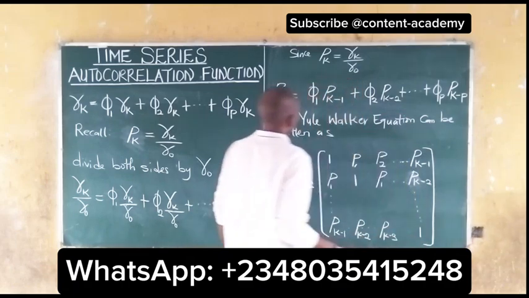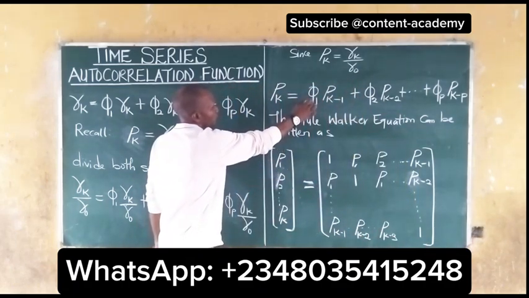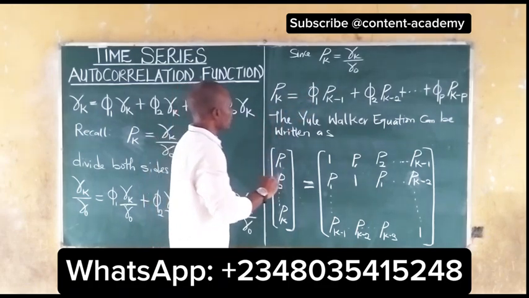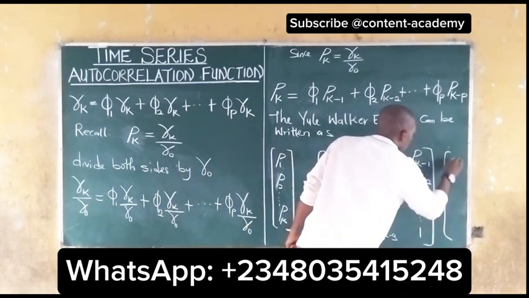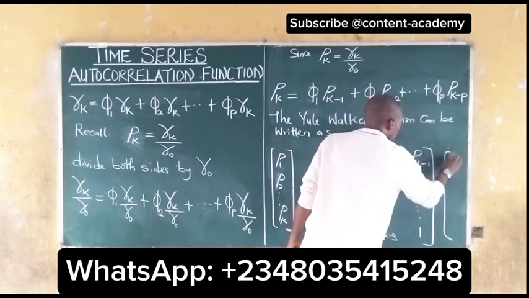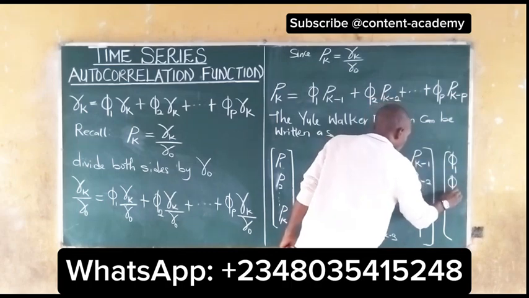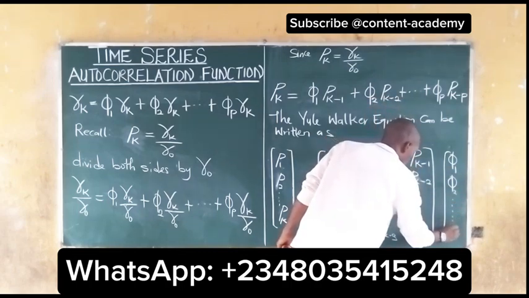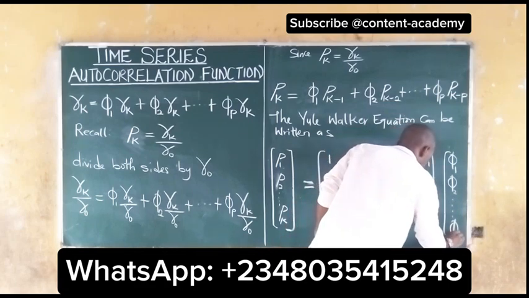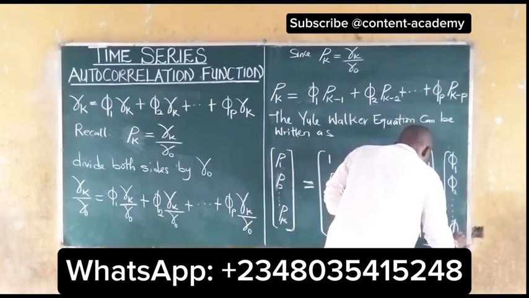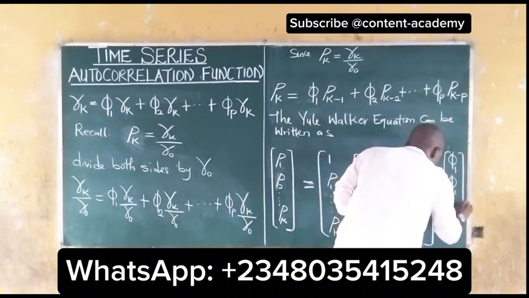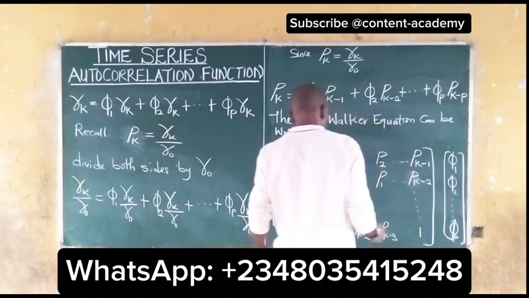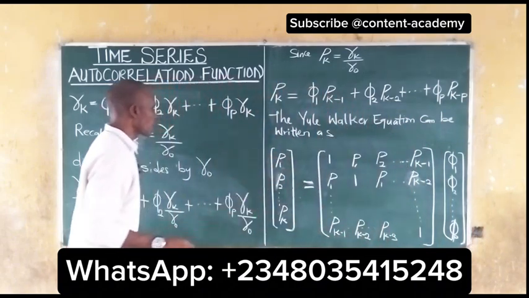Also, we have our parameter coefficients, so we can put them here to multiply this. We have phi1, phi2, and we continue to phi_p. So this is what we get.